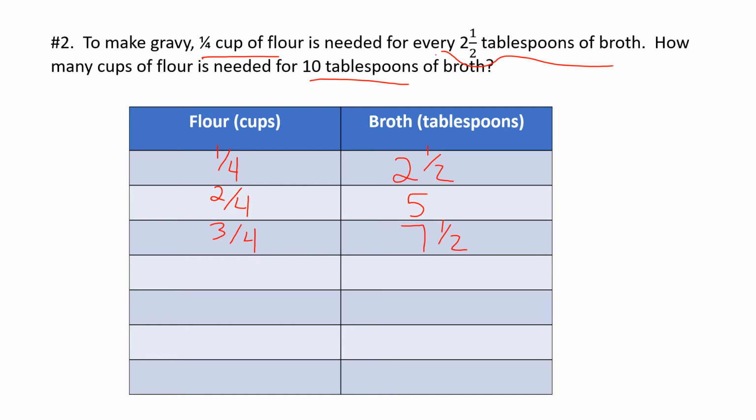In the fourth row, we would have 4/4, which is equal to 1 whole cup of flour and 10 tablespoons of broth. Notice in the first column, we went up by 1/4s. And every time I went up by 1/4 in the first column, in the second column, I increased my value by 2.5 tablespoons.